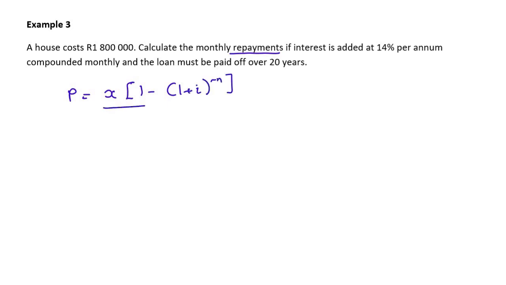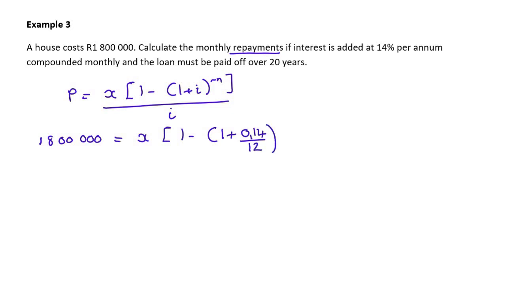So my formula, my cost now, my lump sum now is 1.8 million. I'm trying to calculate X. My interest is 14% compounded monthly, so divided by 12. I am making 20 years worth of payments, but it's a monthly payment. So that is minus 240 is 20 years, all divided by my interest rate.